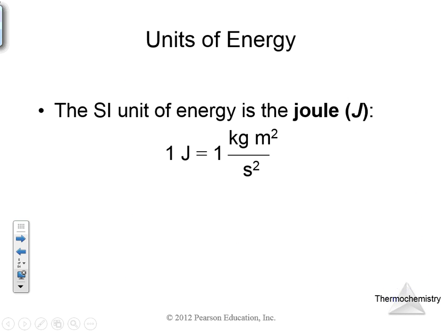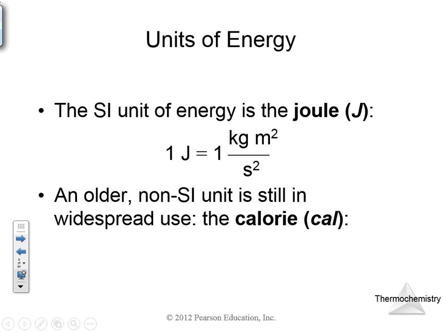Now, when we talk about energy, the unit for energy is a joule. And a joule is equal to 1 kilogram times meters squared over seconds squared. Now, 1 calorie is equal to 4.184 joules. A lot of times you get caught up in the unit of a calorie.